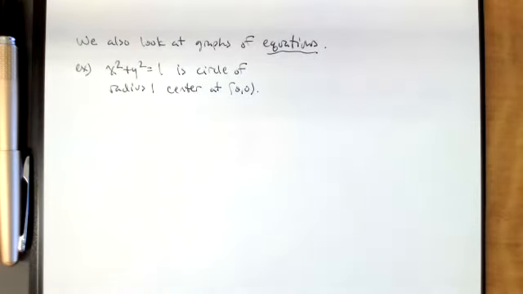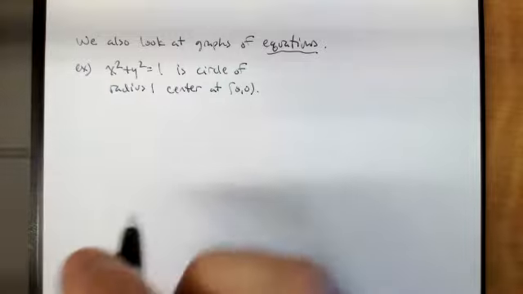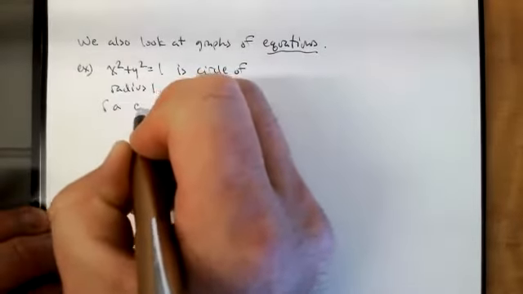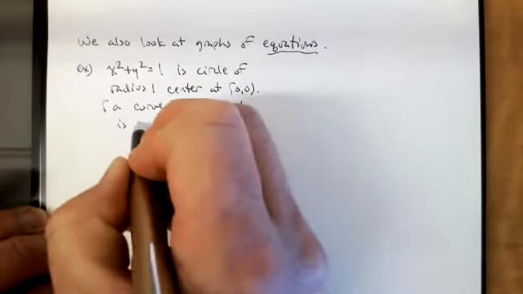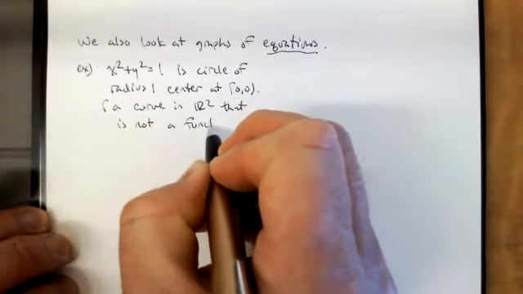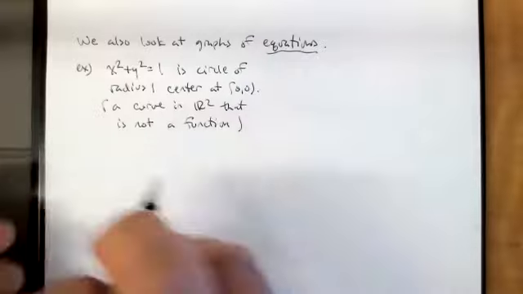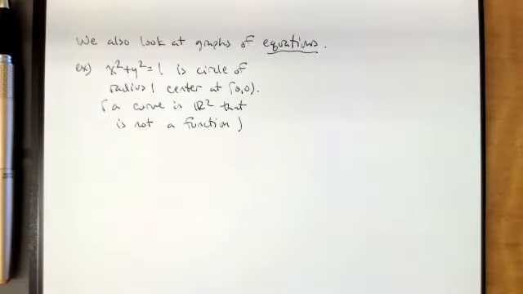So the equation x squared plus y squared equals 1 is a curve in R2. It's a circle of radius 1 centered at 0, 0, and it is a curve in R2. It's a curve in R2 that is not a function. Y is two functions of x, or x is two functions of y. But it fails the vertical line test. Each input has two outputs, or up to two outputs.